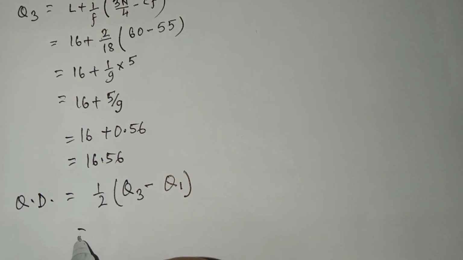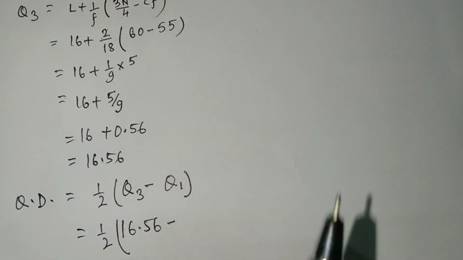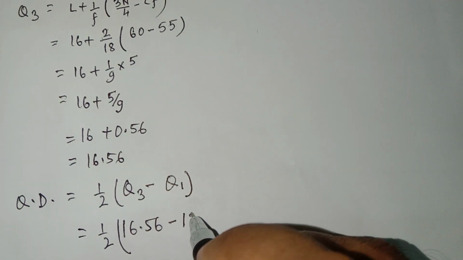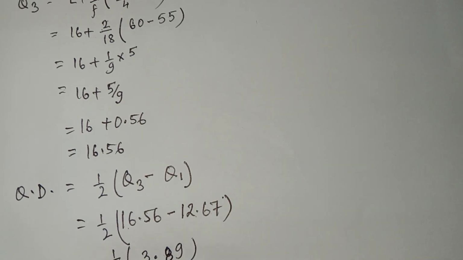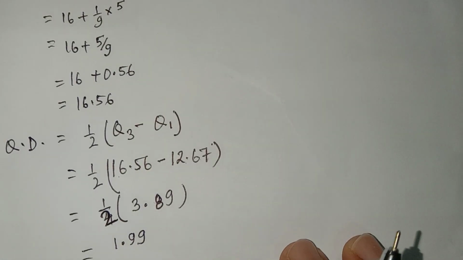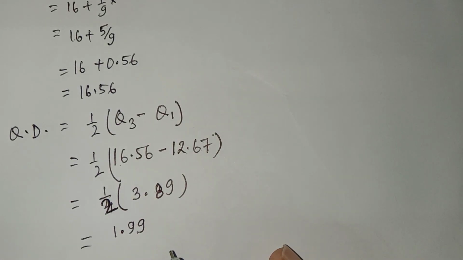So it is half times Q3 is 16.56 minus Q1 is 12.67. Subtracting, we get 3.89. So here it will be 1 by 2 times 3.89, which is equal to 1.99. So the quartile deviation is 1.99.